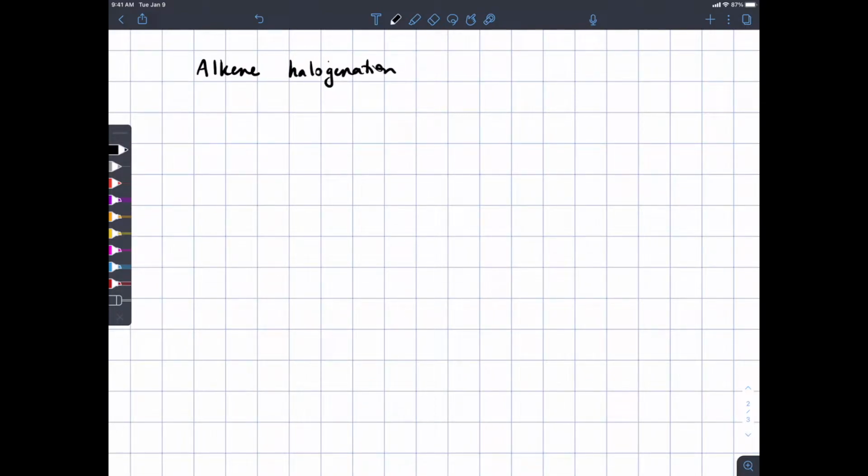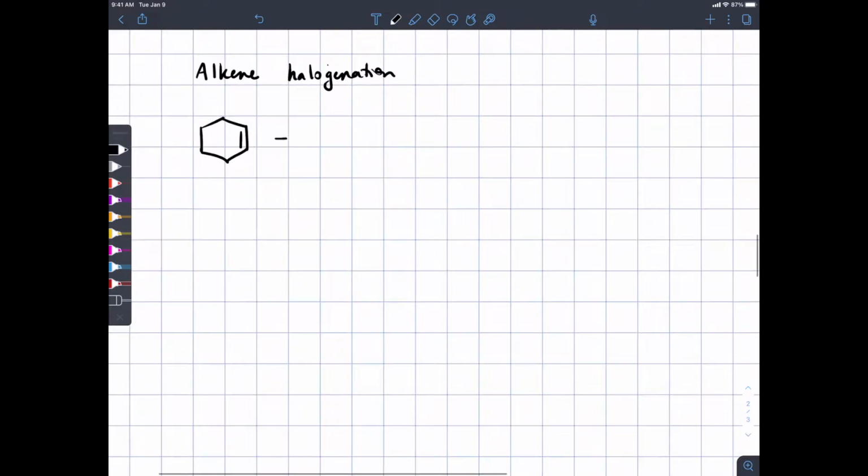And we're going to take an alkene, and I'm using cyclohexene just as a convenient alkene where we can see these stereochemical relationships. We're going to add Br2 or Cl2.